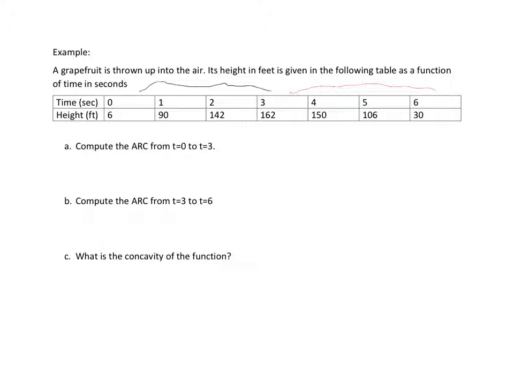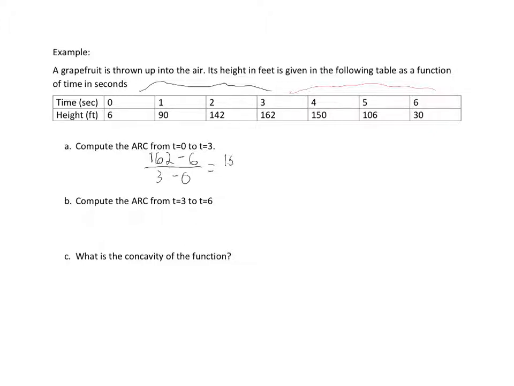Let's compute the average rate of change from t equals 0 to t equals 3. As we discussed previously, that's the change in the outputs, 162 minus 6, over the change in the inputs, 3 minus 0.